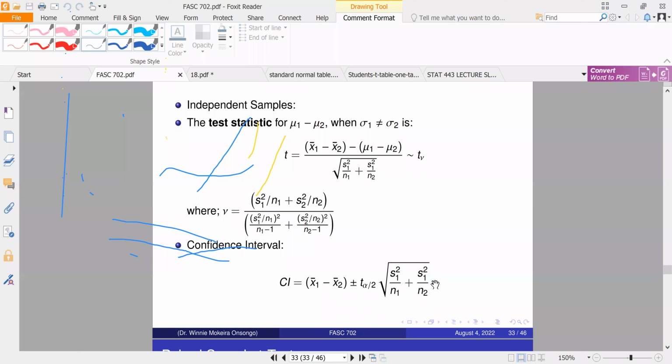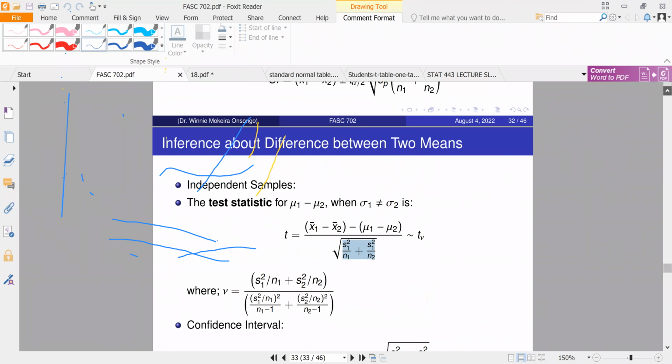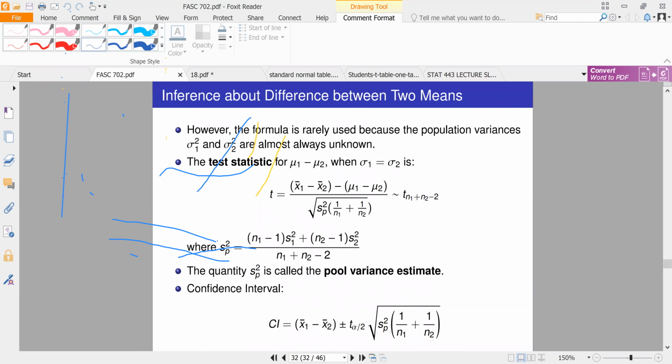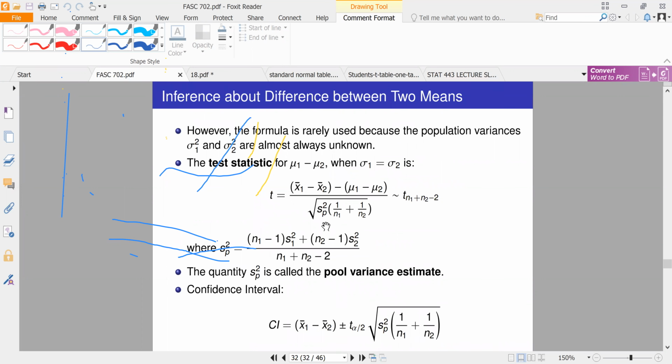Note that in this particular case, you realize that we are not using a pooled variance. Remember that for this case up here, it is due to the equality of variances for the two populations.